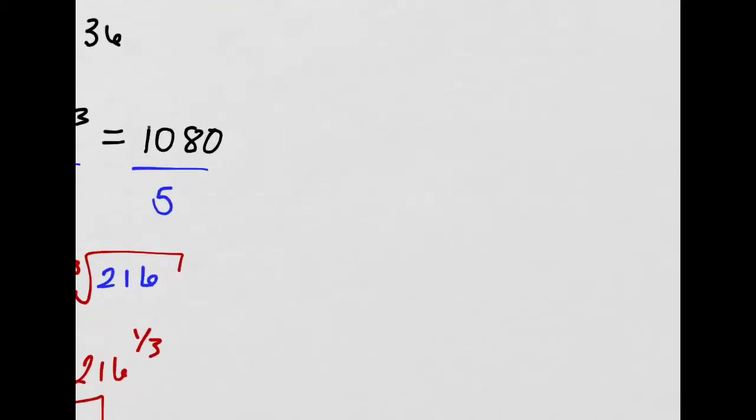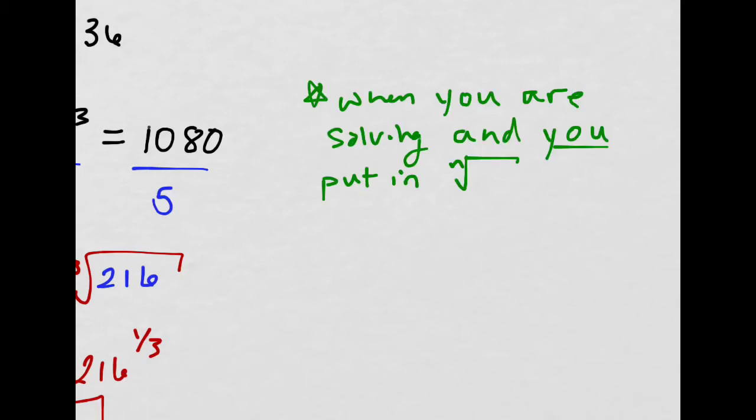Let's say this. When you're solving and you put in the nth root, if n is even, you get two answers, plus or minus.